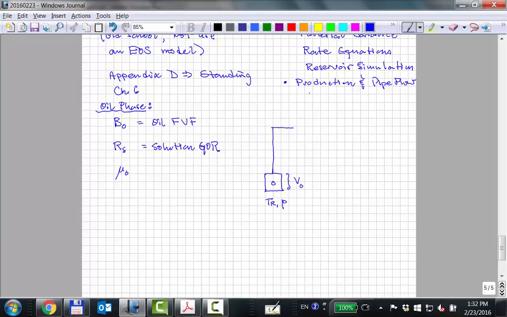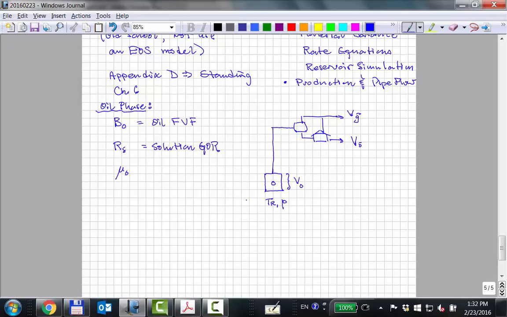And we process that oil through a multi-stage separator. Let's just make it simple, two-stage separation, down to stock tank. Two stages of separation. So we end up with a surface gas volume and a surface oil volume.